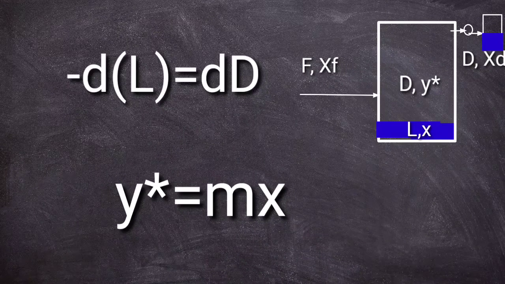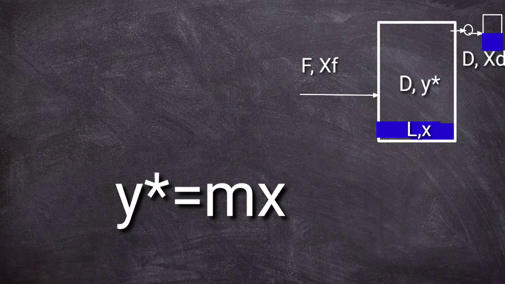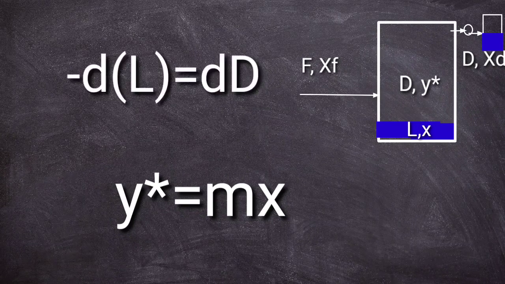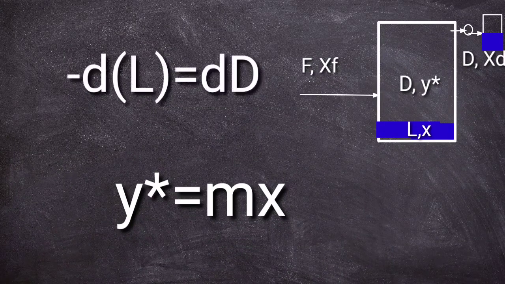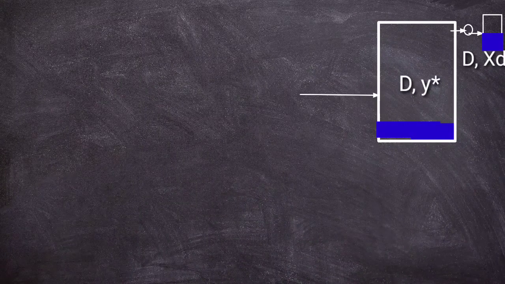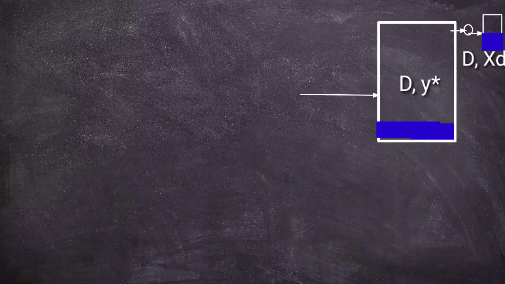There will always be some equilibrium relationship between y and x, and since the vapor is in equilibrium with x, we call it y star. So when we use y star, that means the vapor is in equilibrium with x. Now let's do the component balance.